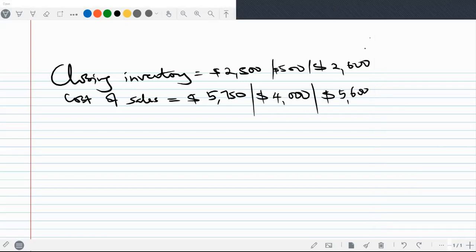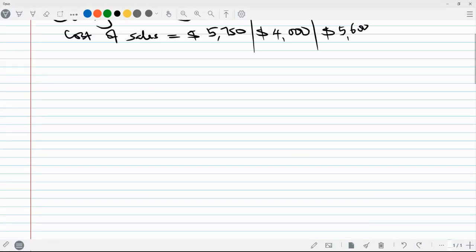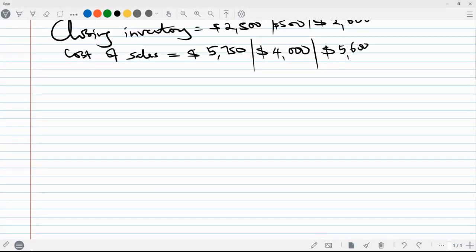For those who are stuck, don't forget you're using the last in, first out method, which means we sell first from the inventory that has been acquired recently.